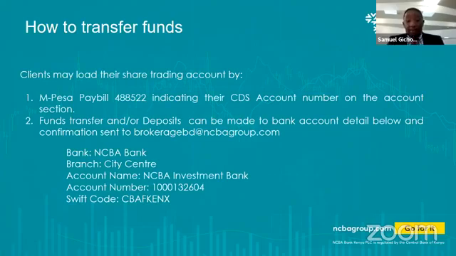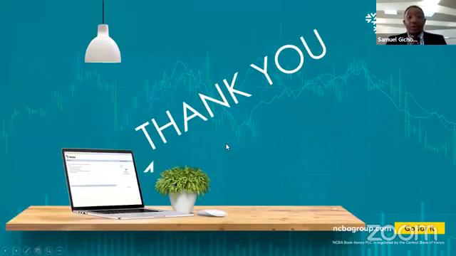You have the account number there, 1,132,604, and our SWIFT code, which is CBAFKENX. Then once you have deposited or transferred the funds there, send that confirmation to that email there, brokeragebd@ncbagroup.com.